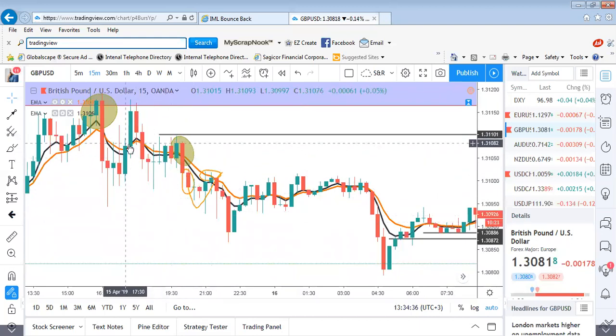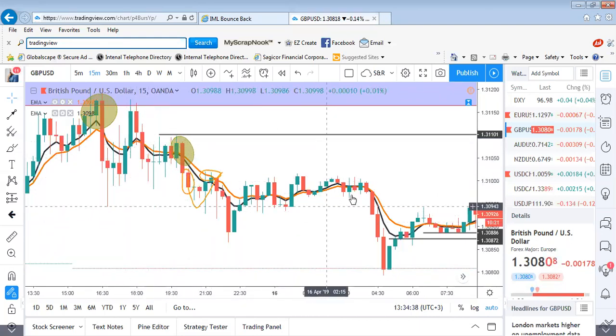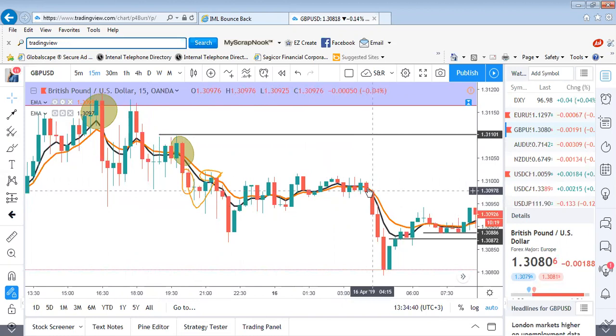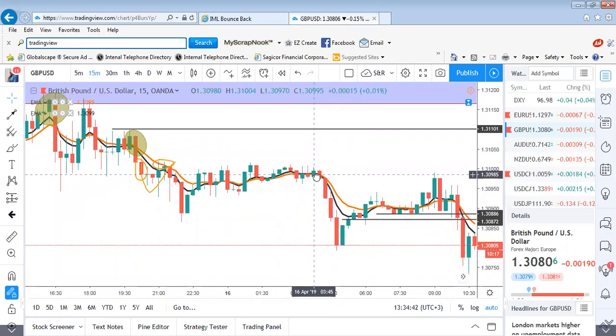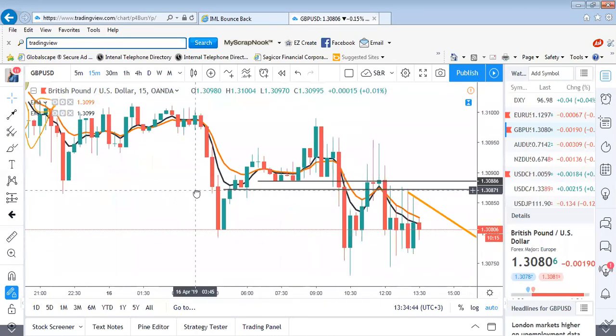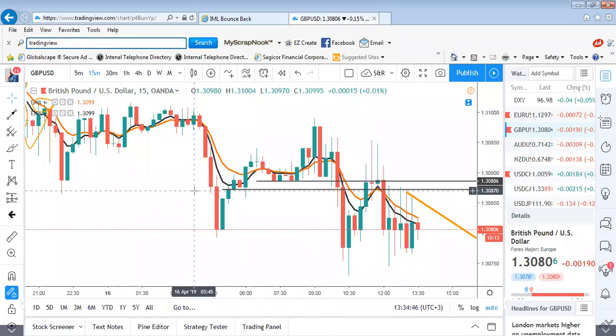So you can see how the moving averages are actually moving in sync with the trade. You can use the moving averages at support and resistance to see how it is moving in sync. Is it respecting your trade idea? You're seeing a sell. Are the moving averages showing you that for an entry?